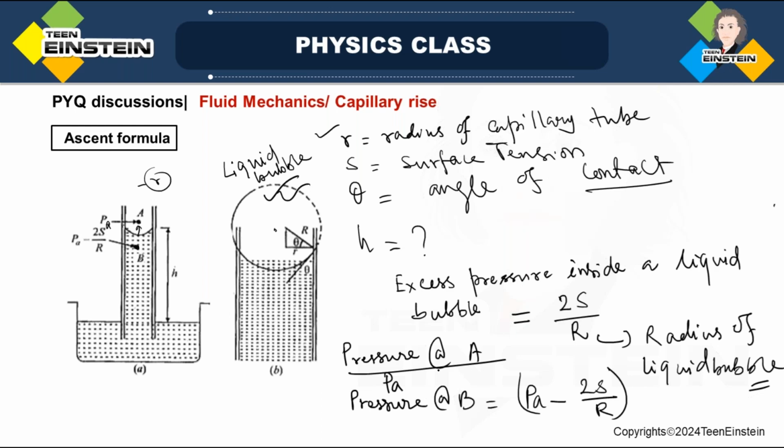This excess pressure actually elevates the liquid column. It just drags the liquid up to this height h.